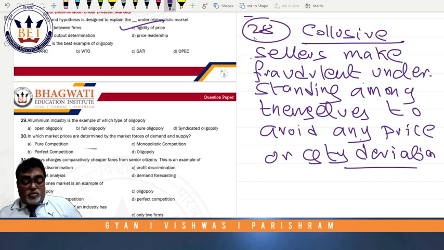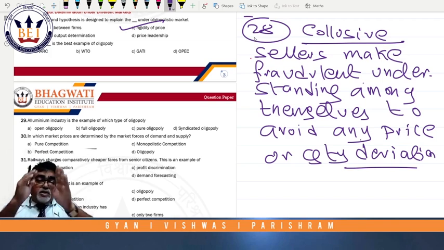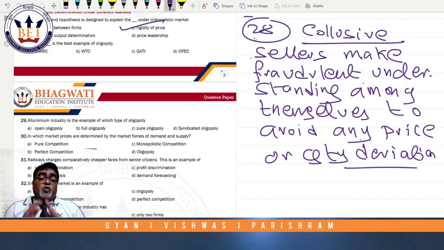This is a part of collusive oligopoly. And as part of collusive oligopoly, what does it imply? Either they make a price leadership firm or they make an output leadership firm. And everyone is abiding by this particular firm's instruction.